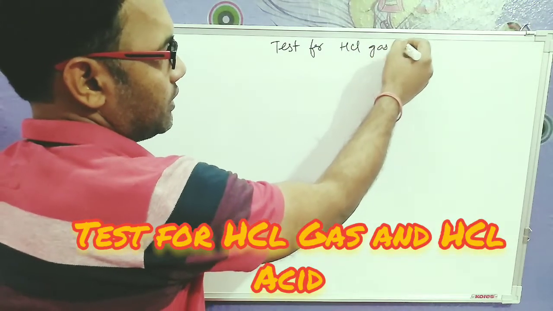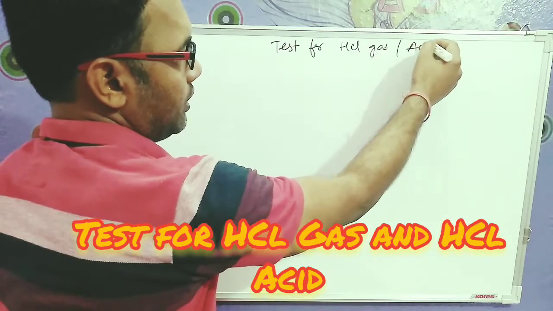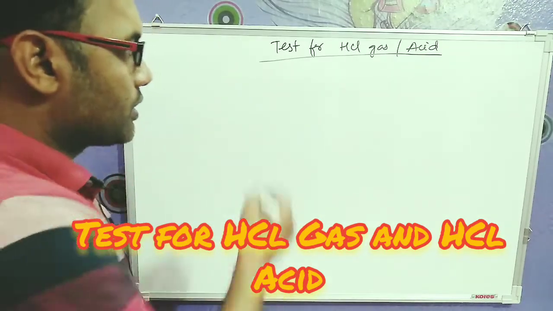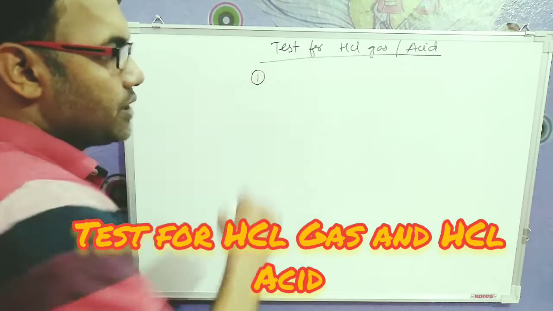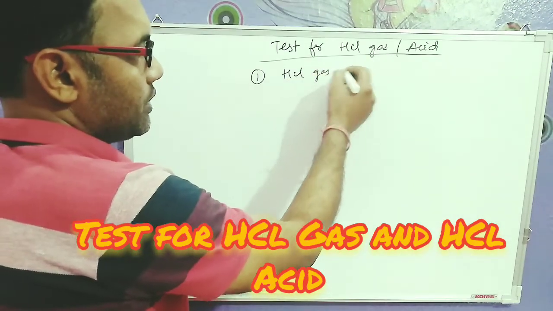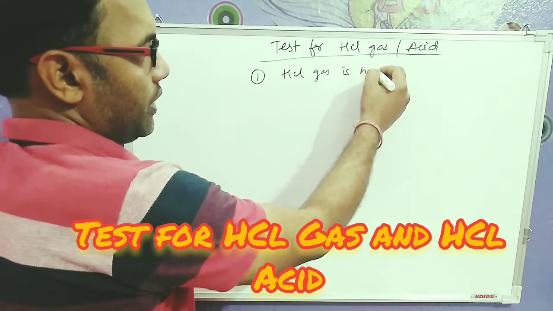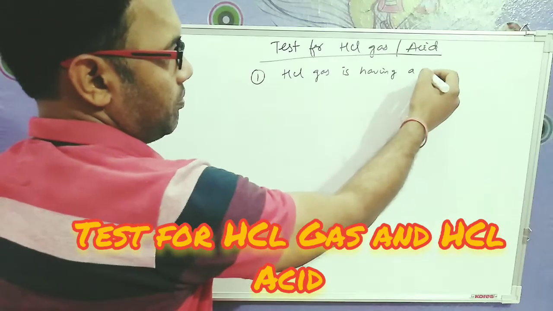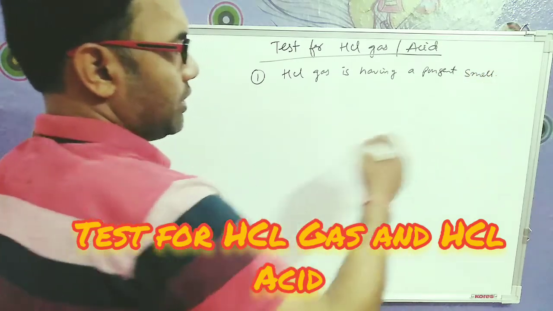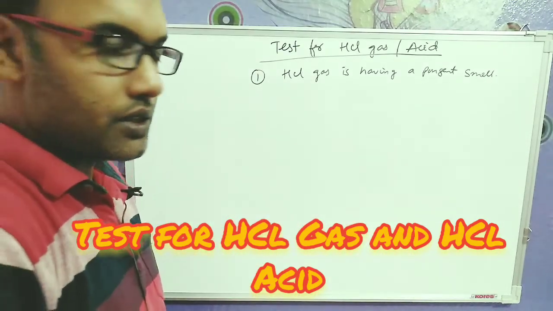Now HCl gas and HCl acid. One by one we'll be dealing with these. The first test: HCl gas has a pungent smell. Already at the start of the chapter we have studied this.